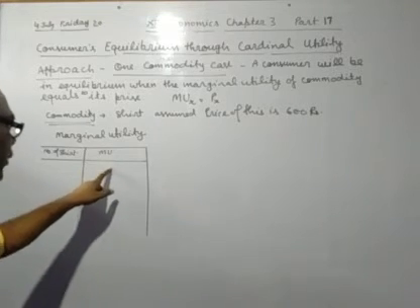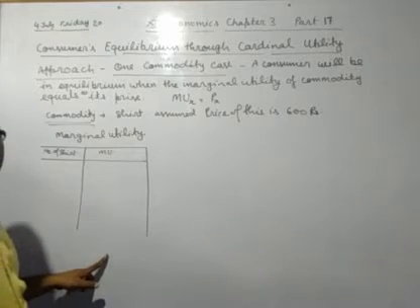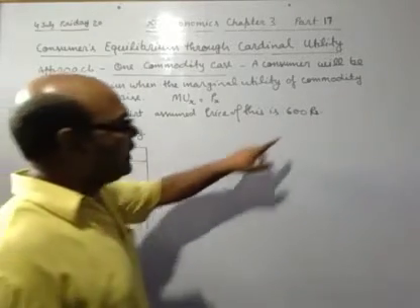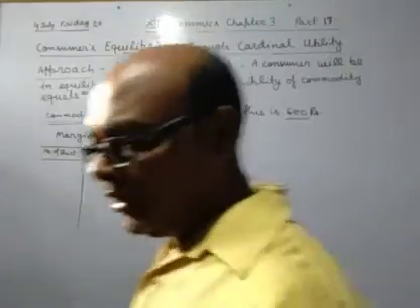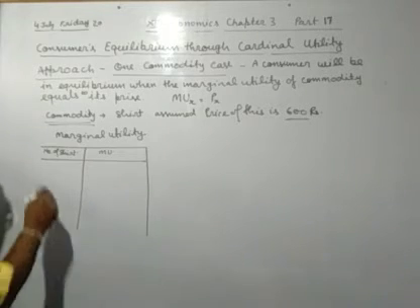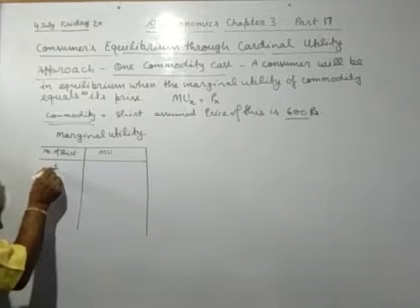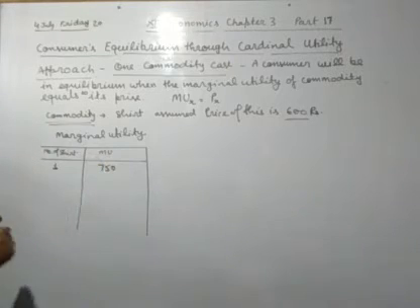But among all these marginal utilities, always write your price also. For example, the first unit gives you marginal utility 750.